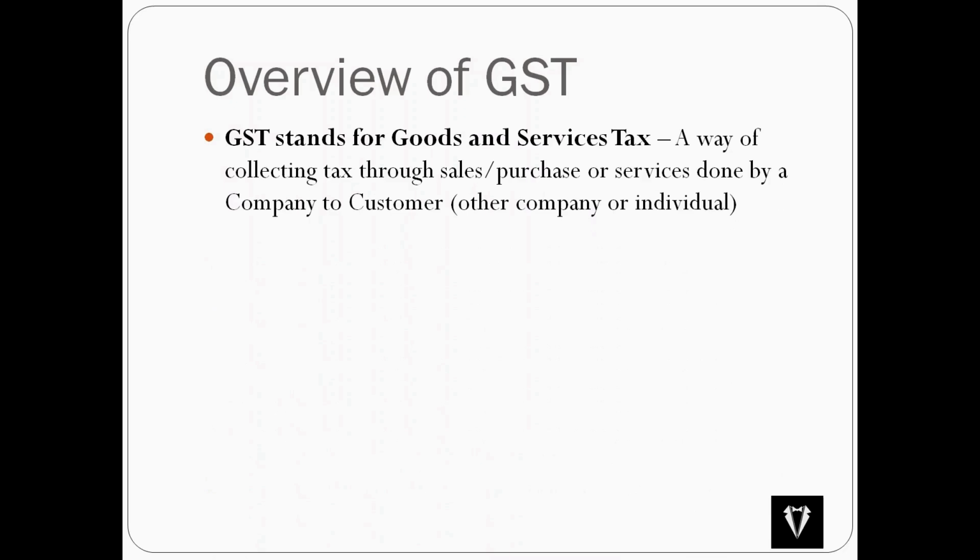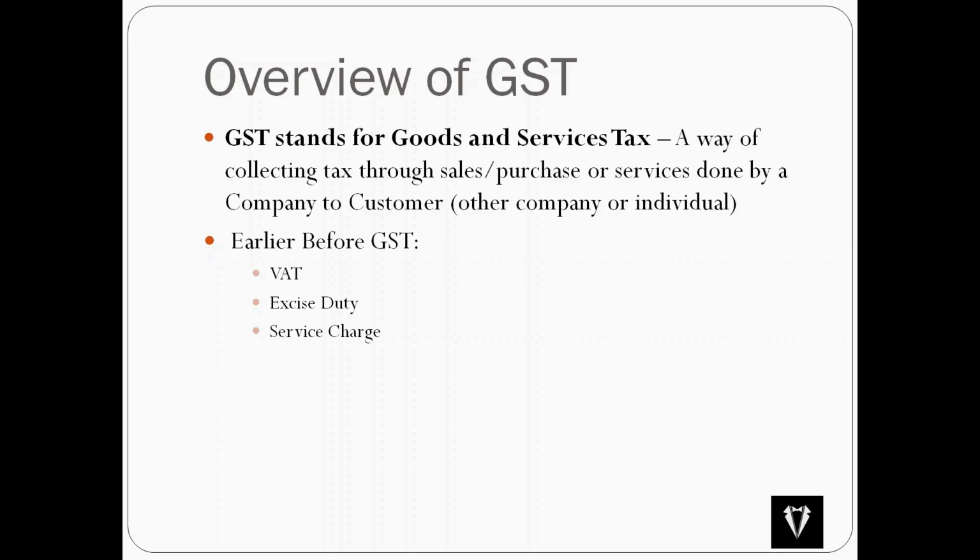So what was there before the 1st July 2017? What was the taxation system before this? Earlier there was no GST, but there were different kinds of taxes, that was VAT, service tax, and excise duty. All these were now considered in one, that is called GST.